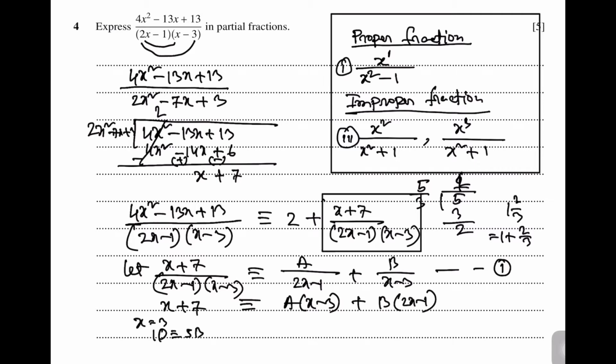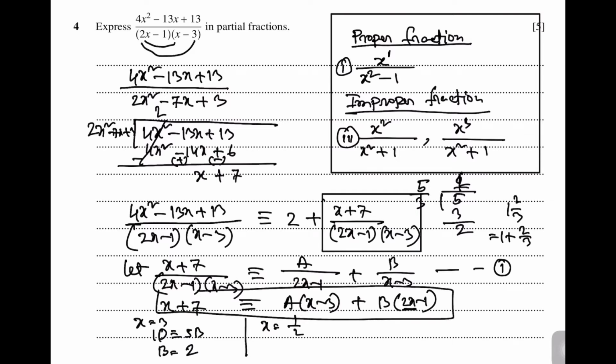Now if I substitute x equals 3 here, 3 times 2 is 6, 6 minus 1 is 5, 5B, so B equals 2. Let me substitute x equals half in this form.